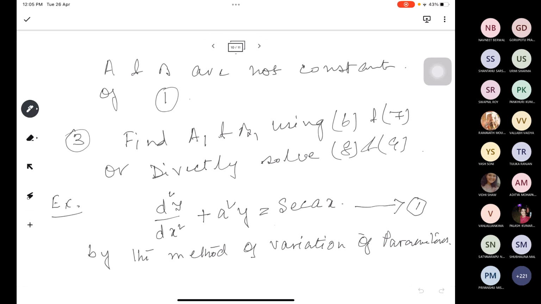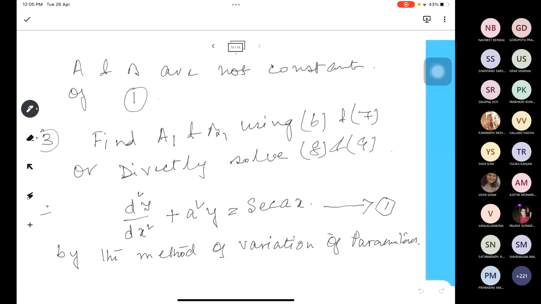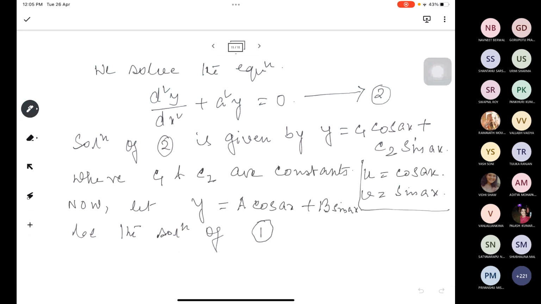So here p is equal to 0, q is equal to a square, and r is equal to sec ax, where A and B are not constants.